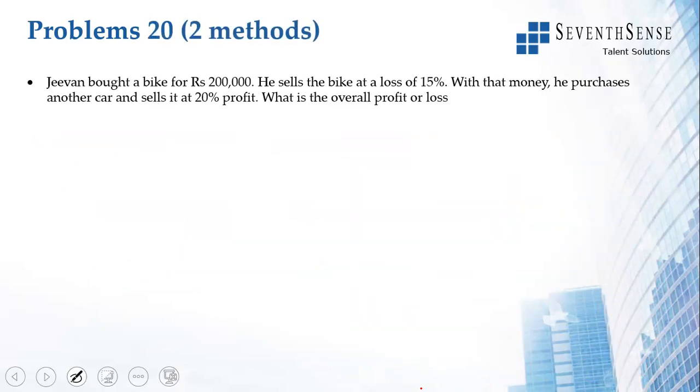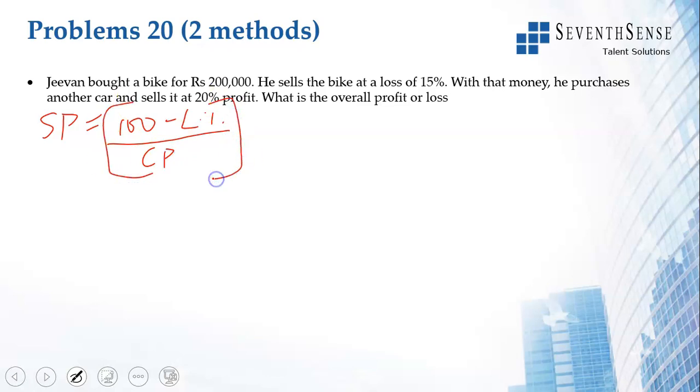Jeevan bought a bike for 2 lakhs. He sells the bike at a loss of 15%. If he's selling the bike, what is the selling price? It is 100 minus loss percent, divided by 100, into CP.